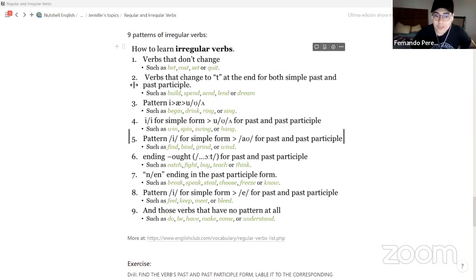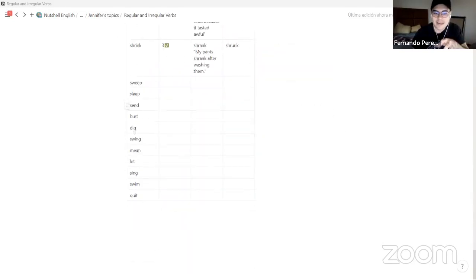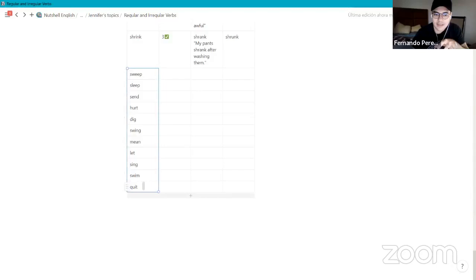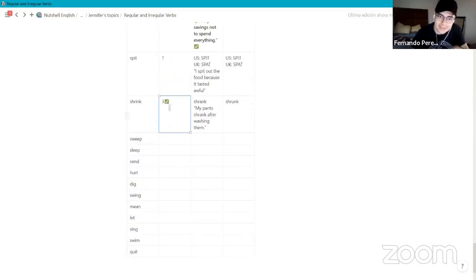And when you have these patterns in your mind, now you are going to investigate new verbs. You need to detect what pattern corresponds to each verb according to the dictionary.